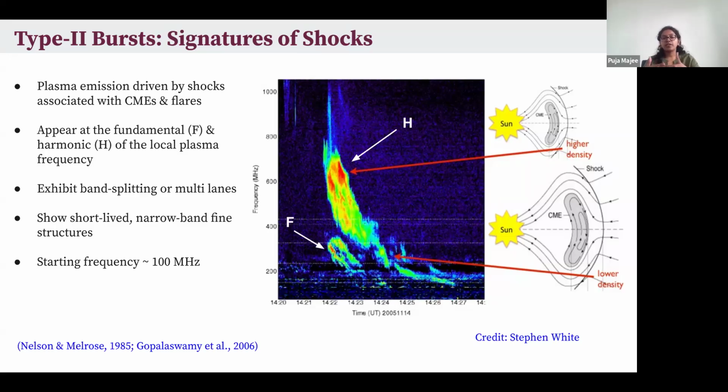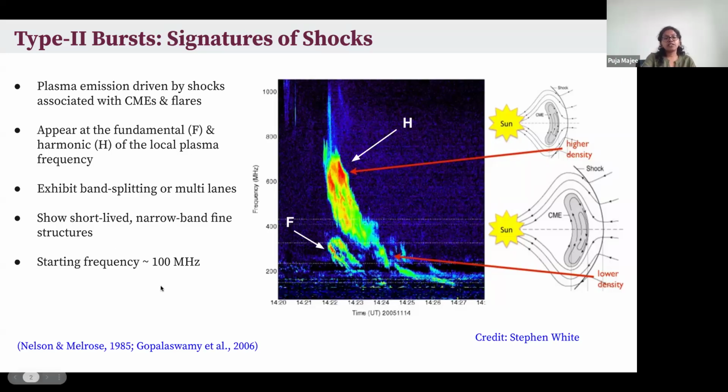When the shock propagates and interacts with inhomogeneous densities in the coronal plasma, fine structures of short time scale and narrow band appear as a result of this interaction between the shock and the inhomogeneities in the plasma. Therefore, if you characterize these short-lived, narrow-band fine structures, you can get an estimation of the spatial scale of the inhomogeneities in the coronal medium.